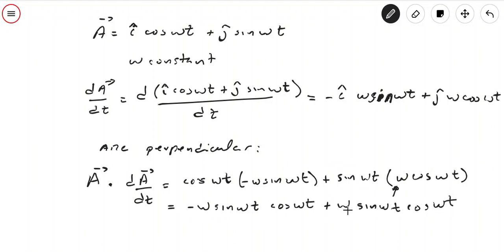Of course, when you look at these two expressions, they are the same expression with different signs, so this is equal to 0. So the dot product of these vectors is equal to 0. When the dot product is 0, we can say that the vectors are perpendicular.